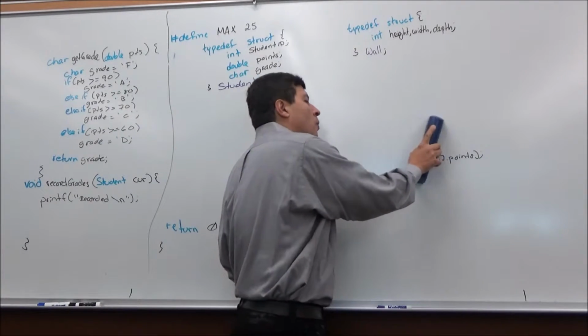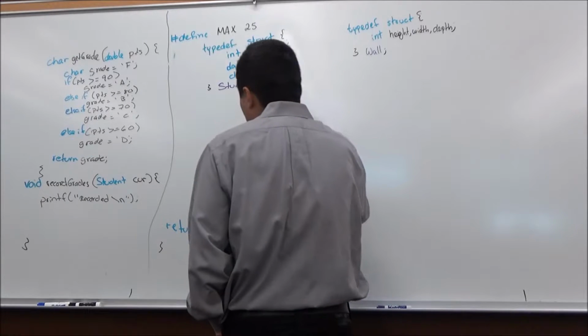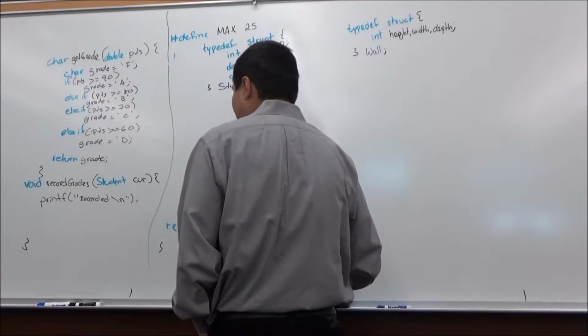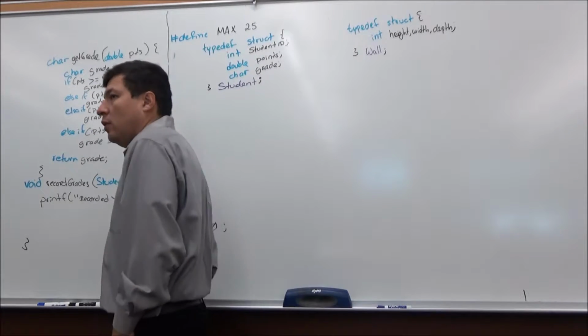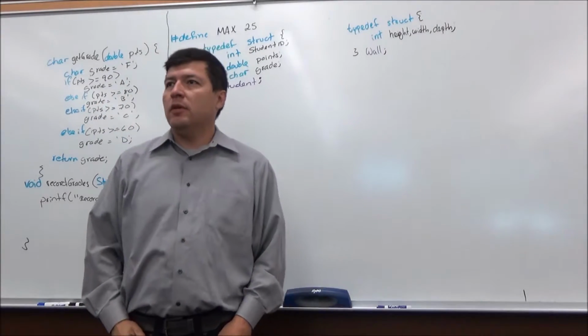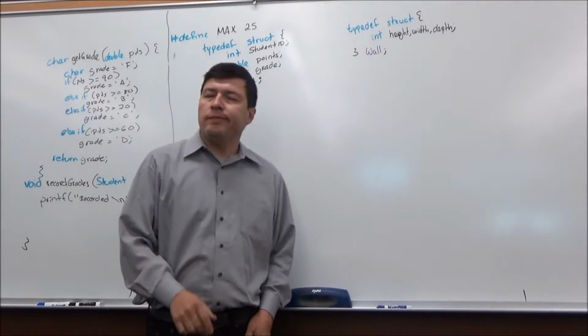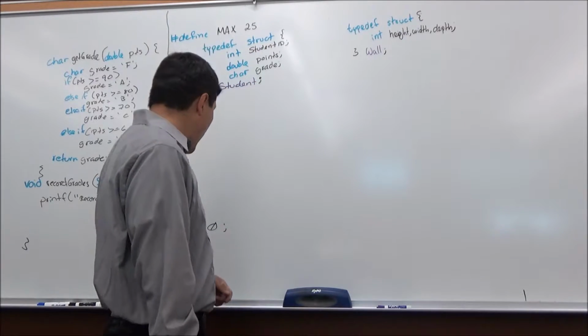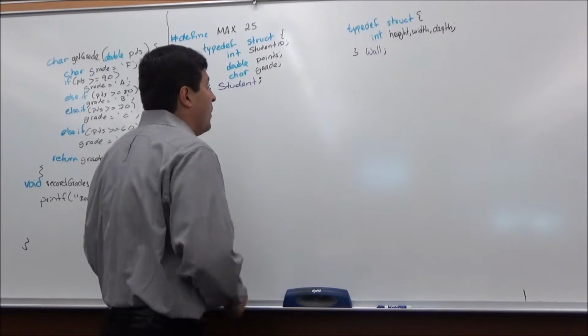I gave you a homework to calculate the distance between two coordinates, right? You were supposed to pass 4 doubles. In reality, you can make it like this.